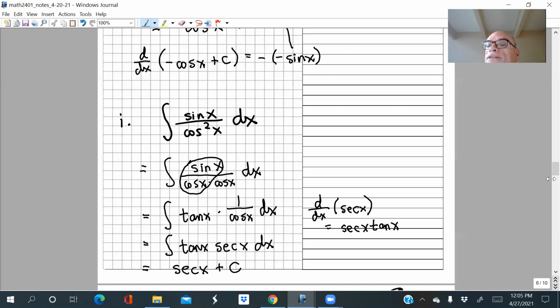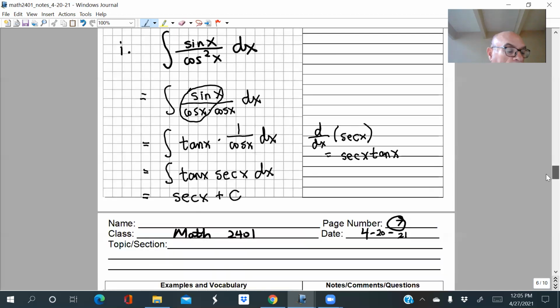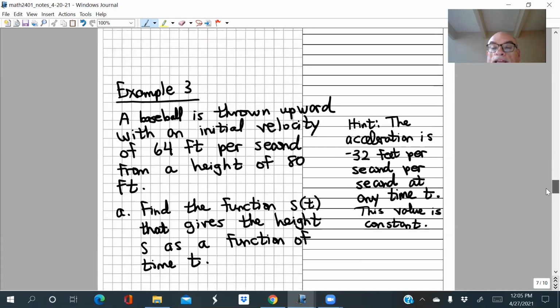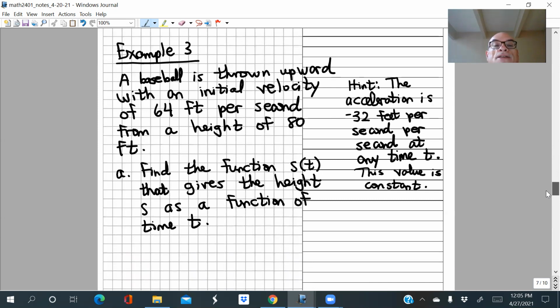Okay, so now let's look at an application here. Why is finding antiderivatives useful in practice? Before we launch into the problem, here in general is a situation that frequently occurs in science.